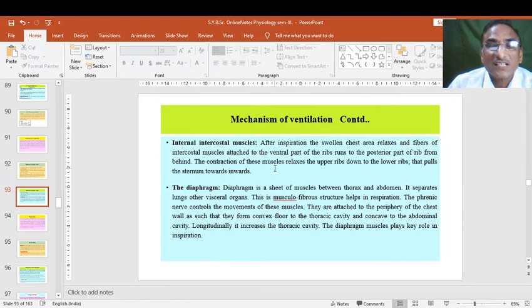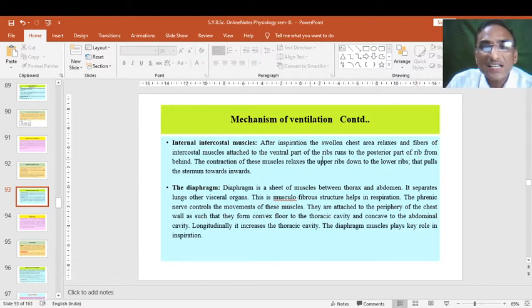So the actual mechanism of ventilation is facilitated by these internal intercostal muscles and the diaphragm. Now we have seen external intercostal muscles, now internal intercostal muscles. After inspiration of air, or entering air in the lungs, the swollen chest area relaxes down and the fibers of the intercostal muscles attached to the ventral part of the ribs run to the posterior part of the rib and from behind.